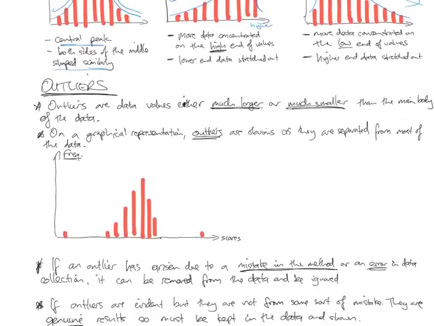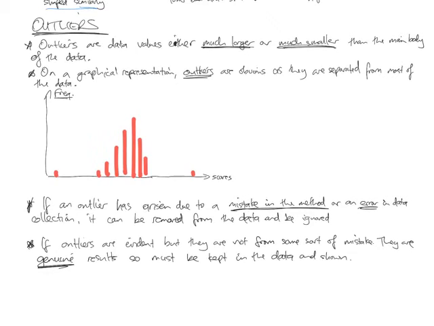The last thing I need to talk about to do with shape is outliers. So you may have heard of these in science. Outliers are data values that are either much larger or much smaller than the main body of the data. The main shape of the data, you might describe it as positively skewed, negatively skewed, or symmetrical, but then you'll find there's little bars on your representation or little bits of data really far away. That's an outlier.